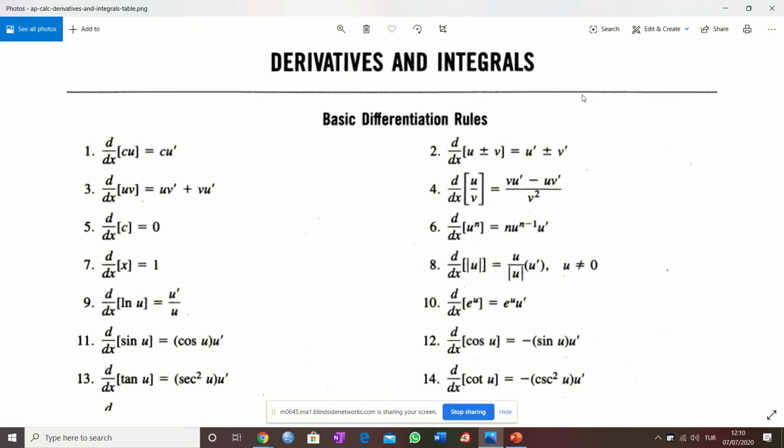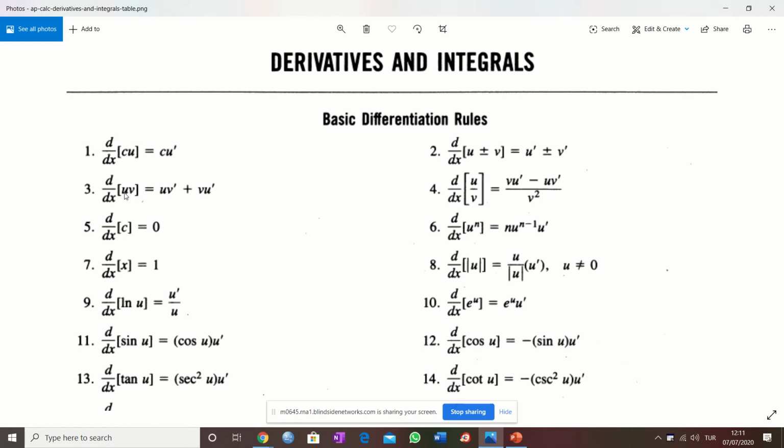Okay, so this is a revision for Calculus 2. And these are some rules that we have seen in Calculus 1. Okay, so this is the derivative. This is multiplication of two functions, u and v, and we take the derivative according to x.